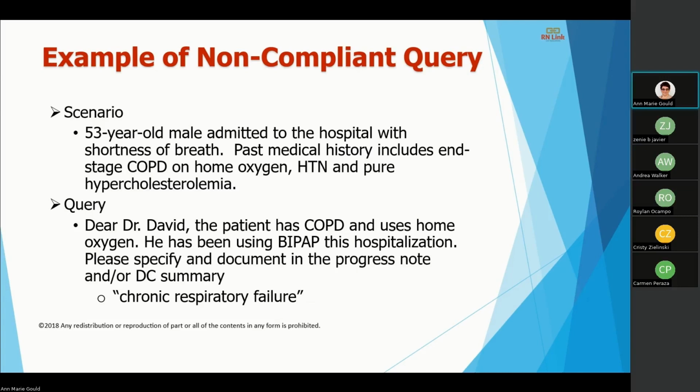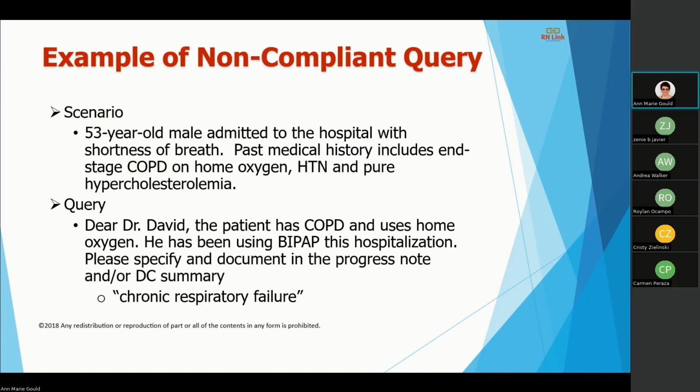So the query is stated this way. Dear Dr. David, the patient has COPD and uses home oxygen. He has been using BiPAP this hospitalization. Please specify and document in the progress note and/or discharge summary. And they quoted chronic respiratory failure. So you're leading the doc to write the chronic respiratory failure diagnosis.